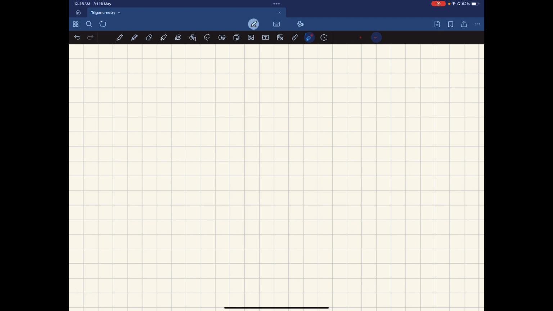Okay, so for example, this is 3 centimeters, this is 4 centimeters, and this is x.